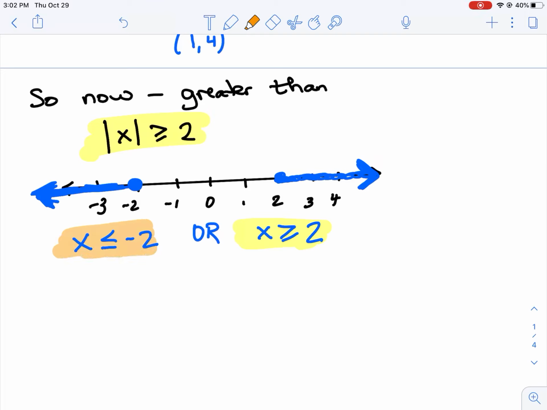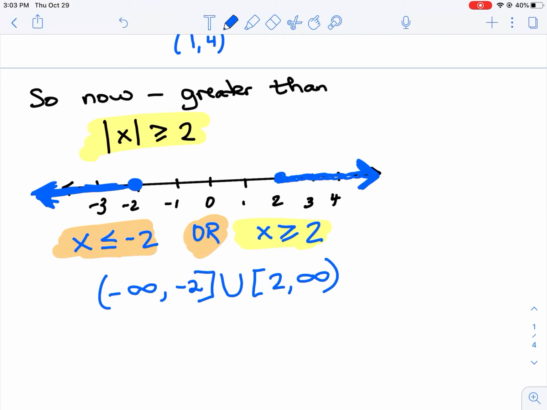This one, notice I switched the inequality and I switched the sign. Okay, so that's what you have to make sure you do. And then, of course, this is an or statement, not an and statement. If I do this in interval notation, it would be negative infinity to negative 2, because it's equal to, it's a square bracket, or is the union, square bracket, 2, comma, infinity.